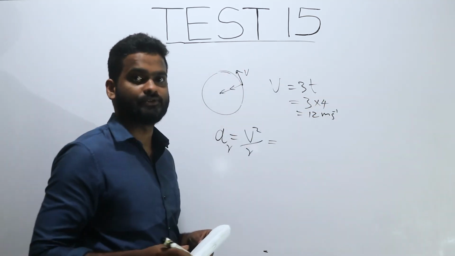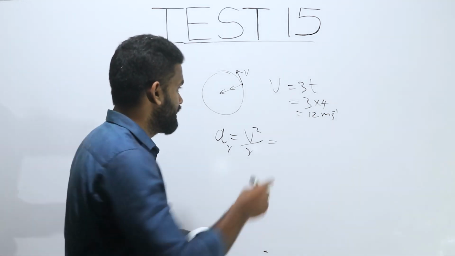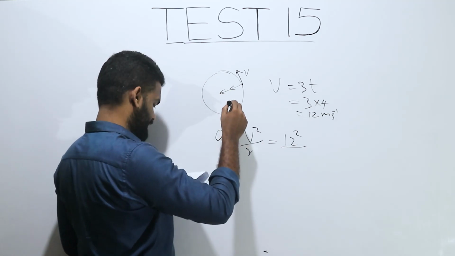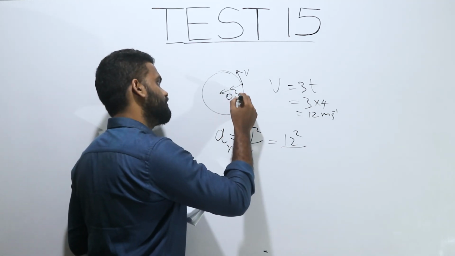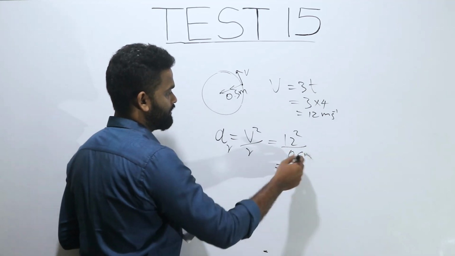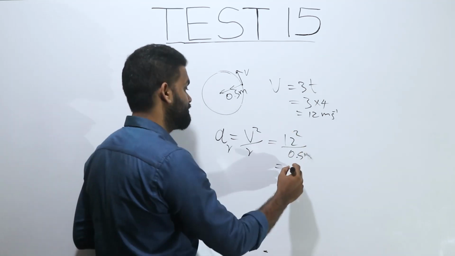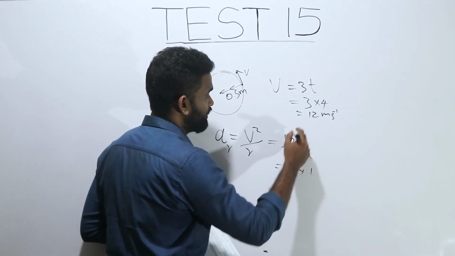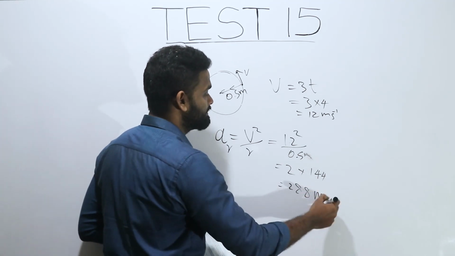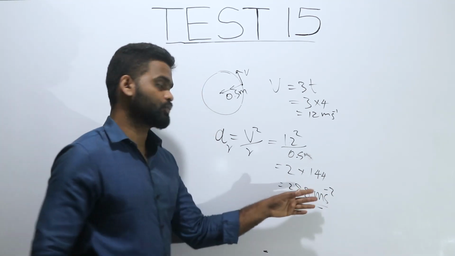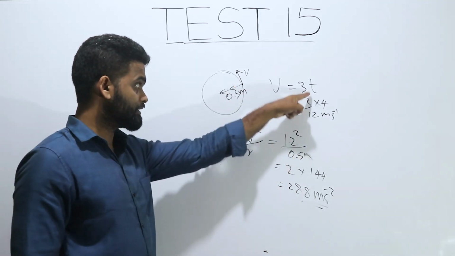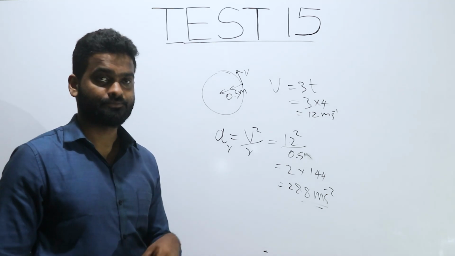Then just substitute it here. 12 squared divided by radius, given as 50 centimeters or 0.5 meters. 0.5 means half, it goes to the denominator and becomes 2. 2 times 12 squared, which is 144, so 288 meters per square second. That is the radial acceleration when time is 4 seconds.